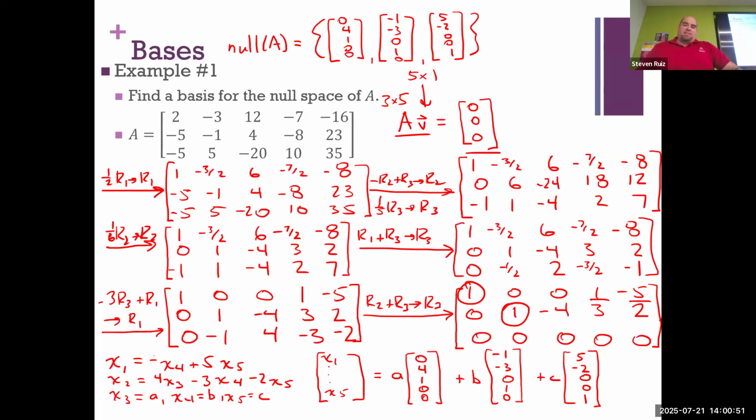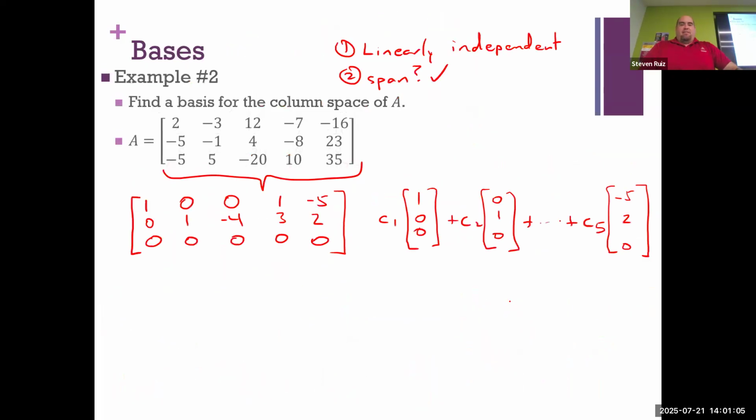But what that also says is that I can basically make whatever combinations I want just by using x1 and x2, because they're going to govern everything else. So because of that, the column space is going to be simply the vectors that are given by those pivots.